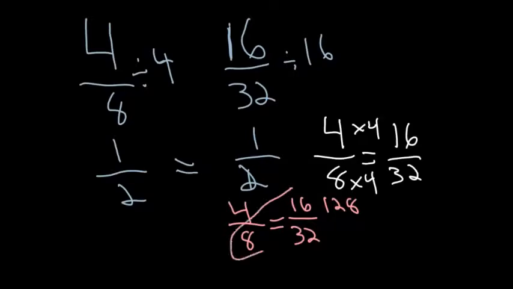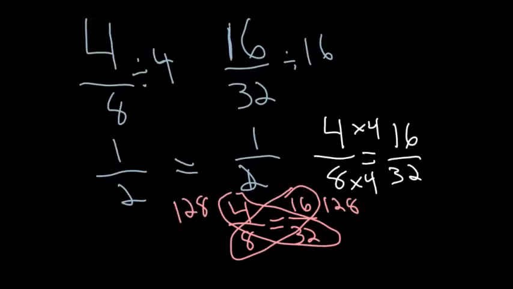So I multiplied those two. Now I need to do 4 times 32. 4 times 2 is 8. 4 times 30 is 120. So I get 128. So they are equivalent using that method as well. So there's 3 different methods there you can test for equivalency.